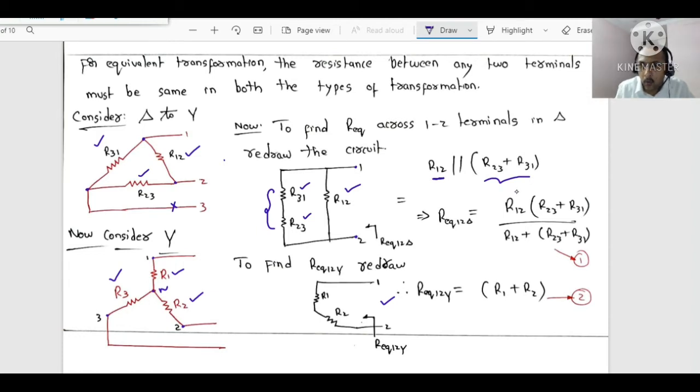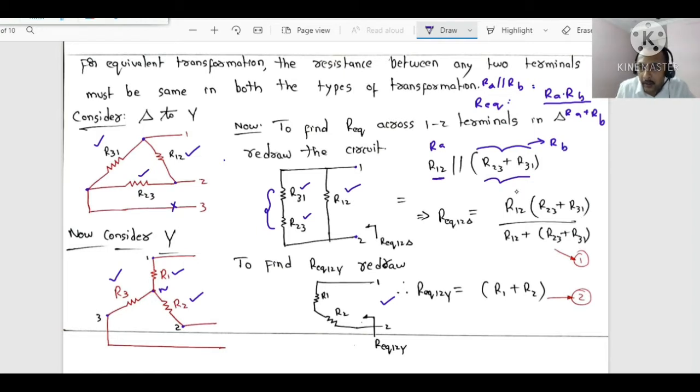Clear? Now we know when two resistors are in parallel, what is the equivalent? For example, RA parallel to RB, then what we will say? Equivalent resistance R equivalent will be RA into RB whole divided by RA plus RB. But in the place of RB here, what is there? This is simply RA, and in the place of RB we are having this one.